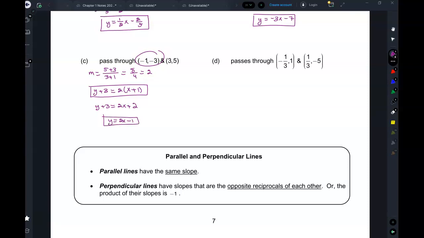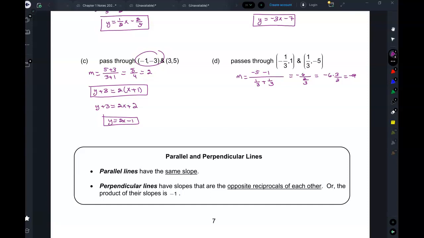Would you say that if we do it 2 times, we should check it? Don't do it 2 times. It's too much time. Okay, so negative 5 minus 1 over 1/3 plus 1/3, negative 6 over 2/3, which is negative 9.